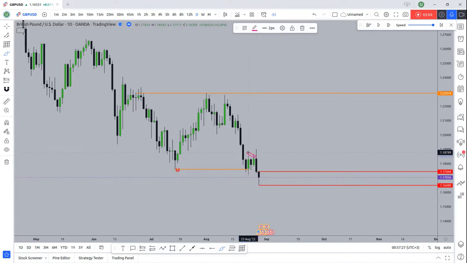These highs have been taken out. I still believe that we are bearish on GU and EU. We could probably see a small retracement just to fill this gap in here. That is possible, but definitely we are still bearish on these pairs.